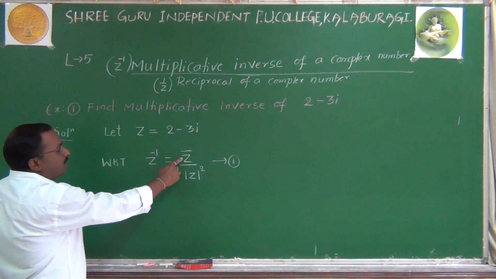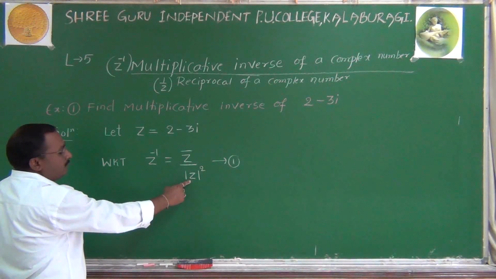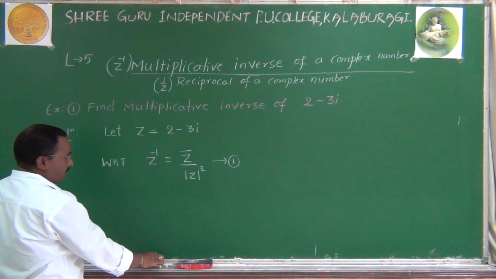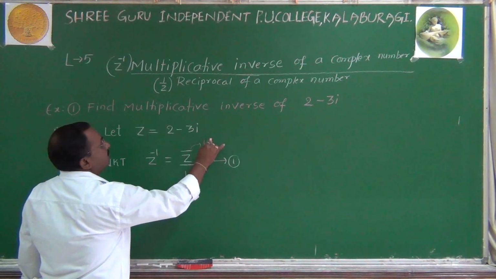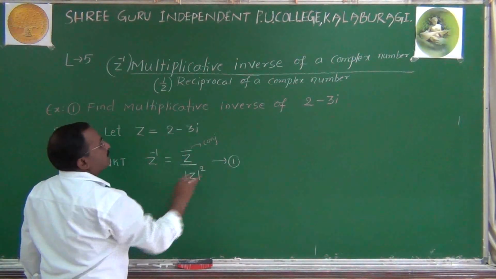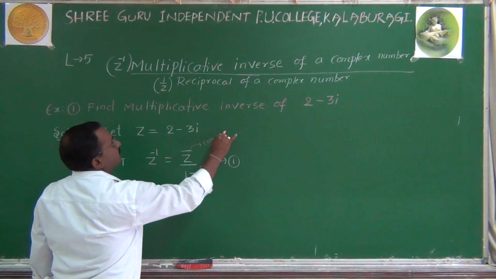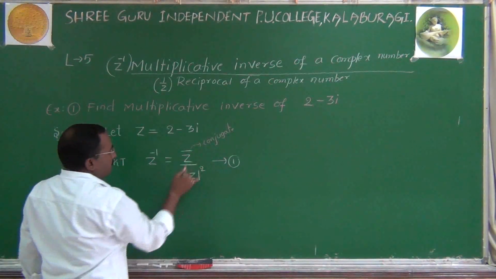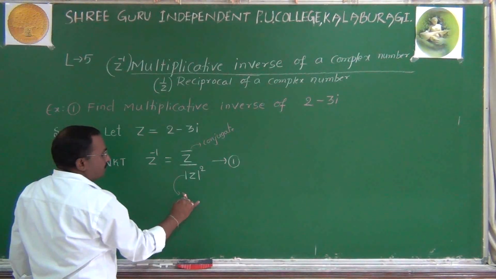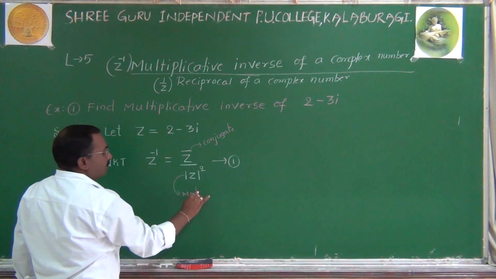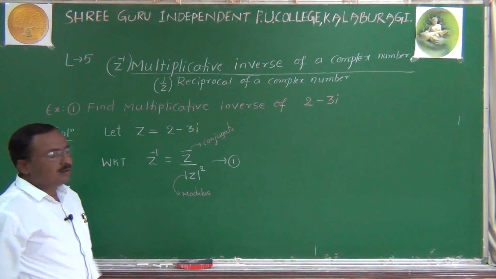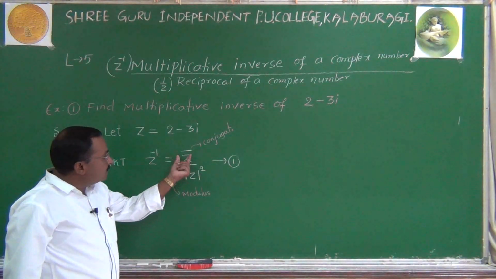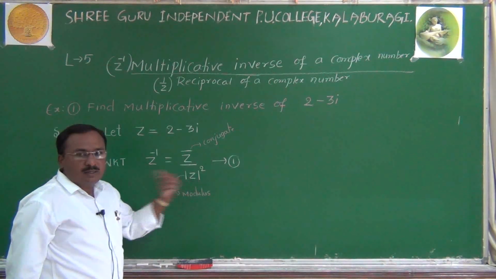To find the value of Z bar and the value of modulus of Z. This is the conjugate symbol, this is the modulus symbol. To find conjugate, to find modulus.